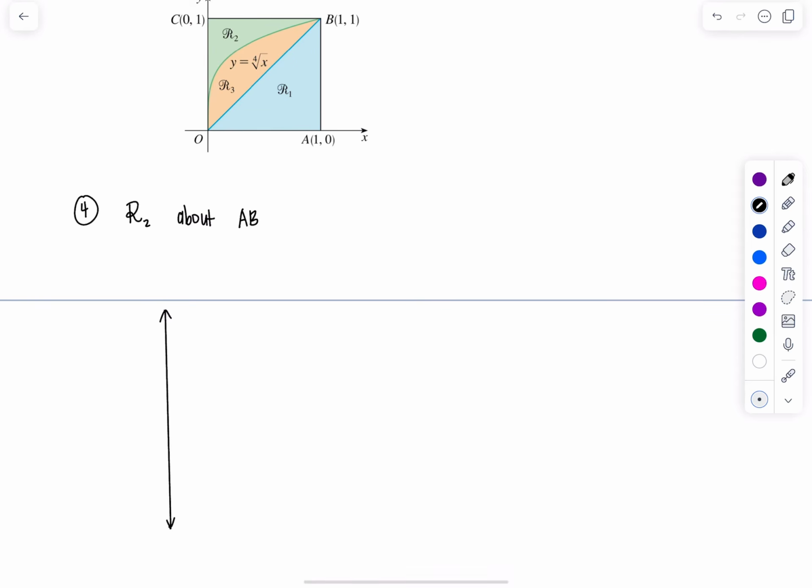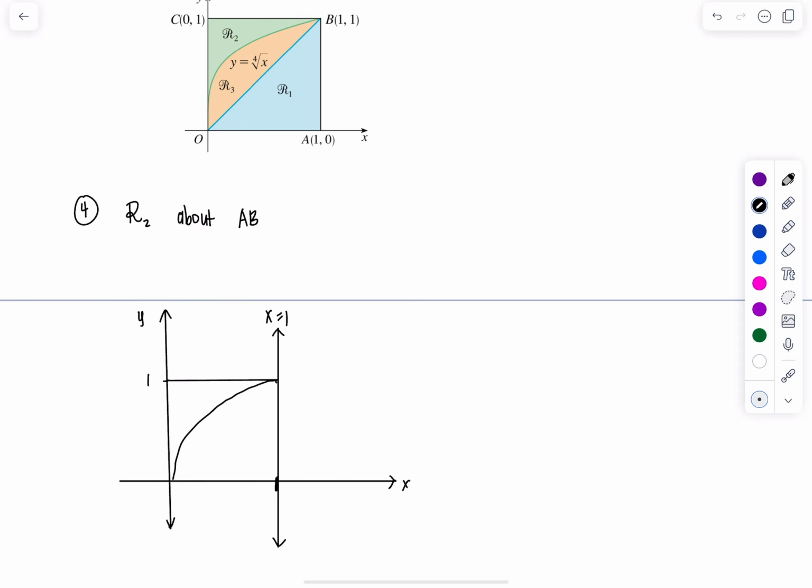So I'm just going to extend the x-axis a little more in the positive direction. So here's AB, x equals 1. This is x equals 1.